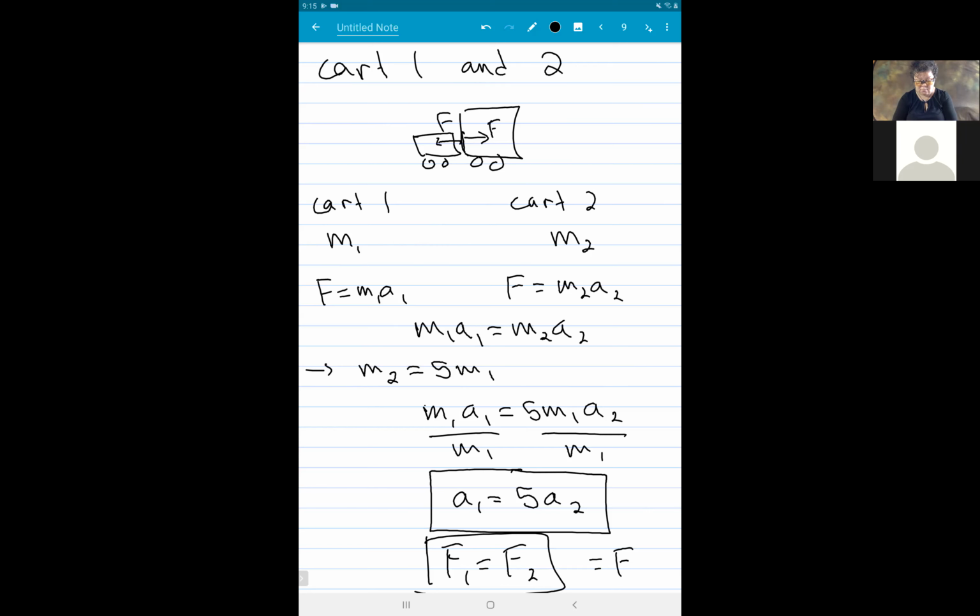Okay, for number one in the summary, when accelerations are not equal in part C, it implies the carts have different masses. Is that sufficient?